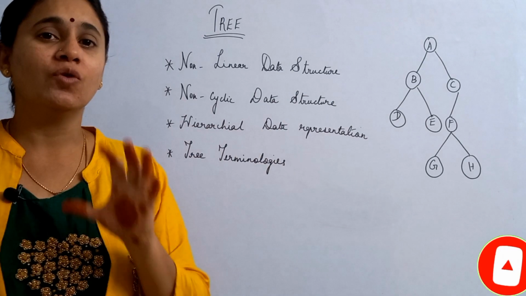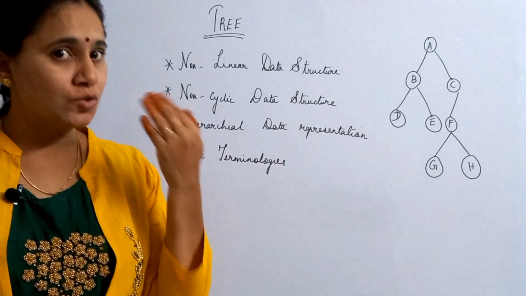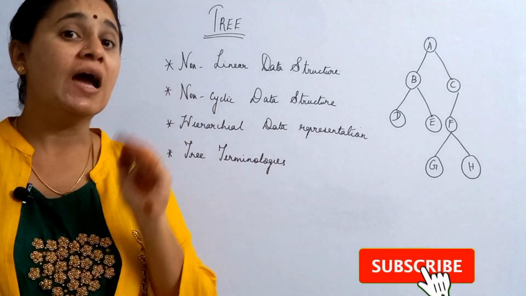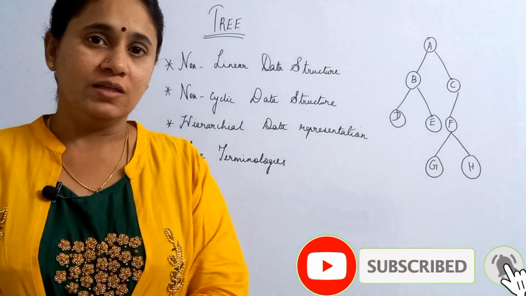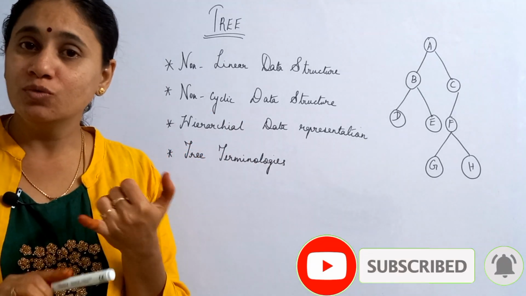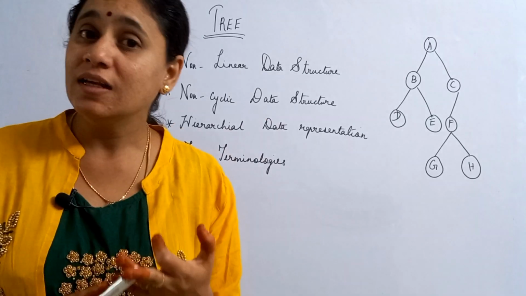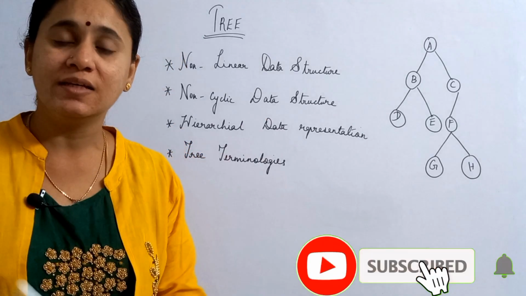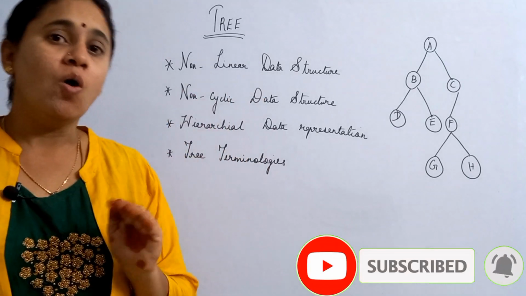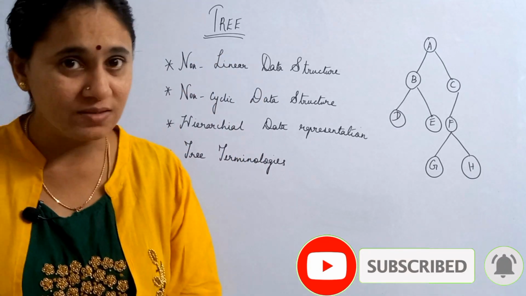So this is also one of the types. We can store the data by using arrays and linked lists, isn't it? An array can be used for implementing queues and stacks, or a linked list can be used for storing the data in the format of queues or stacks, isn't it?